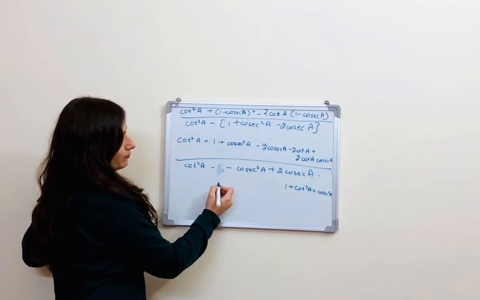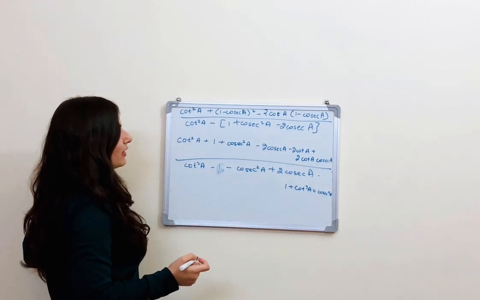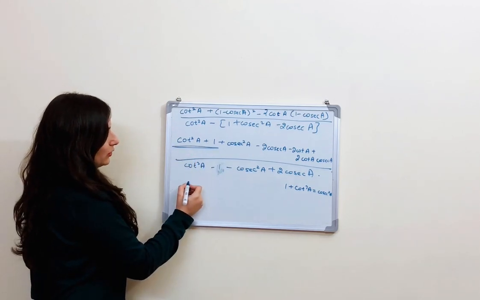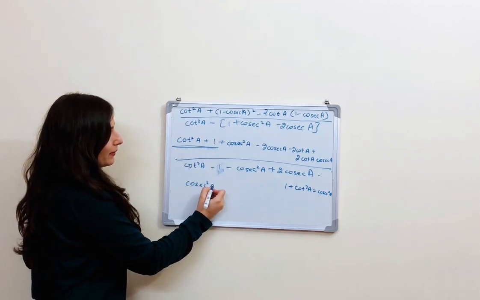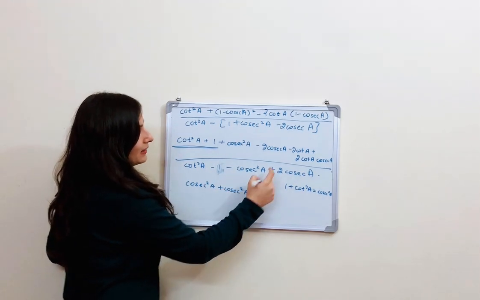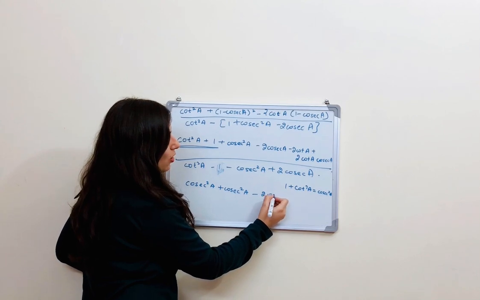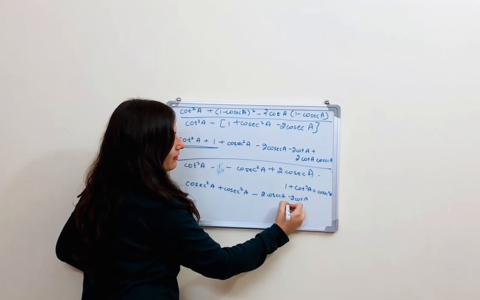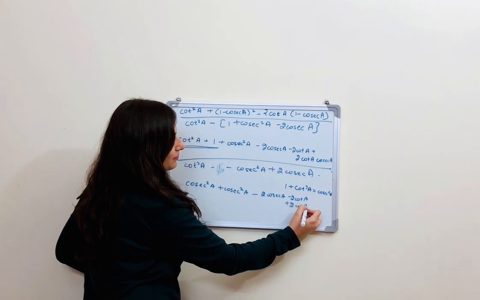So 1 minus cot square A, here we can use, it can become cosec square A plus cosec square A minus 2 cosec A minus 2 cot A, and everything else will remain the same.